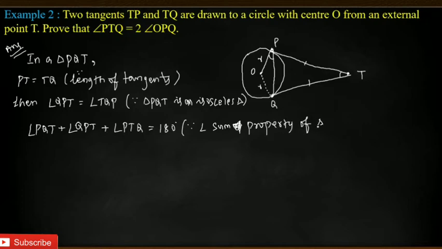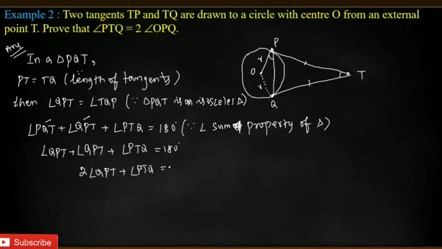We know these two angles, TQP and QPT, are equal, so any one angle we can make equal to the other. The required one is QPT. So QPT plus QPT plus PTQ is equal to 180 degrees. That is, 2 times angle QPT plus angle PTQ is equal to 180 degrees.